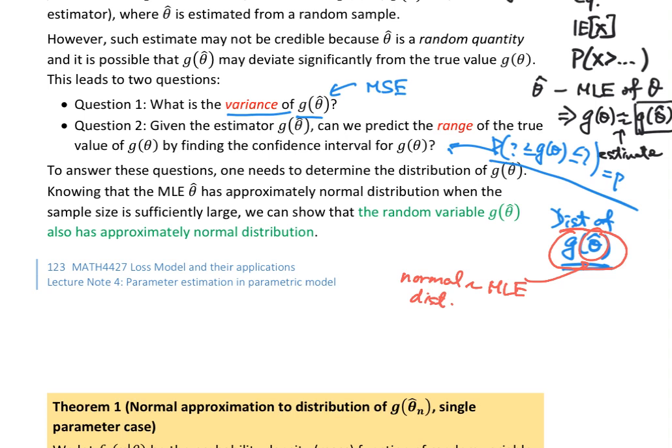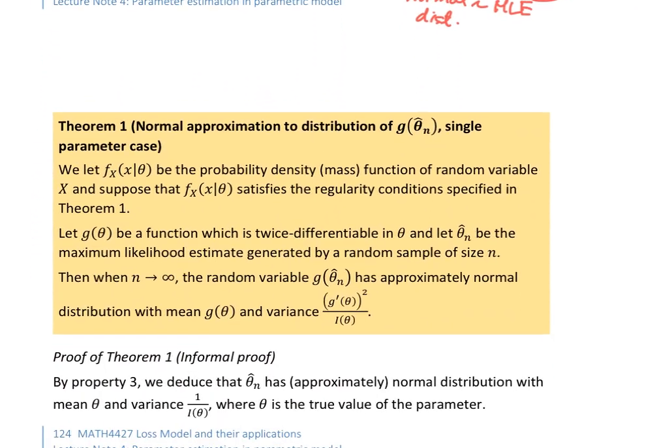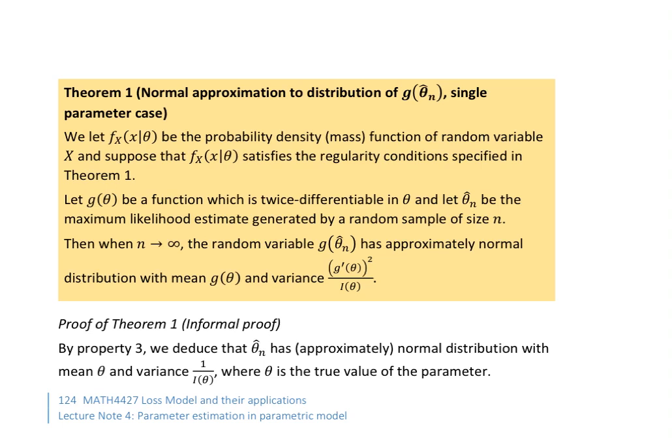In fact, provided that your g is sufficiently smooth, in the sense that it can be differentiated several times, we can show that g theta will follow a normal distribution as well. So this is what this theorem is about.